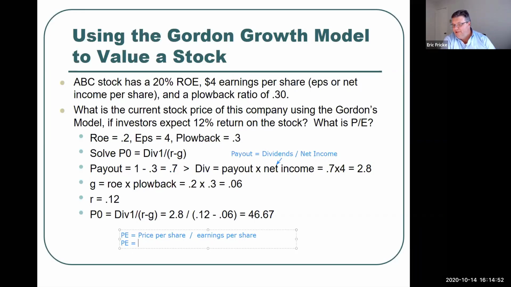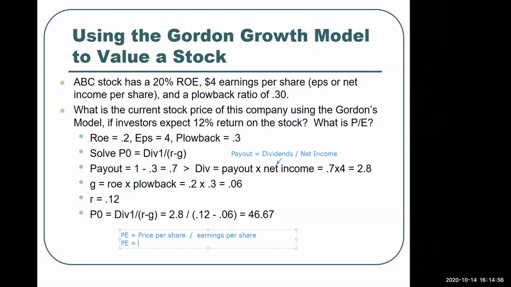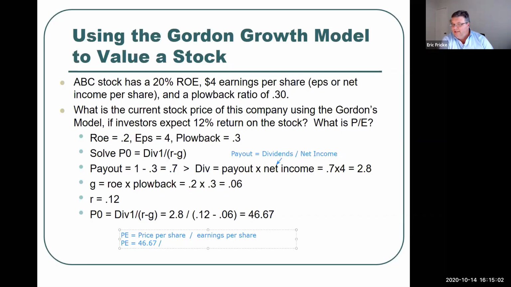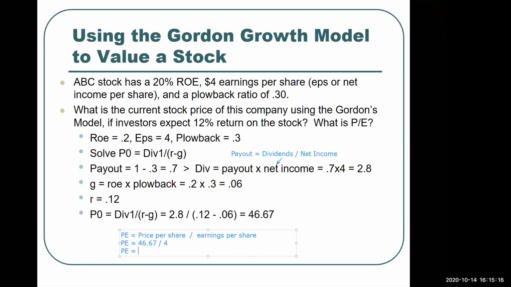So what do we get for the price per share? 46.67. Right. And so then we divide that by the $4 earnings per share. And so what's that about? 11.67.